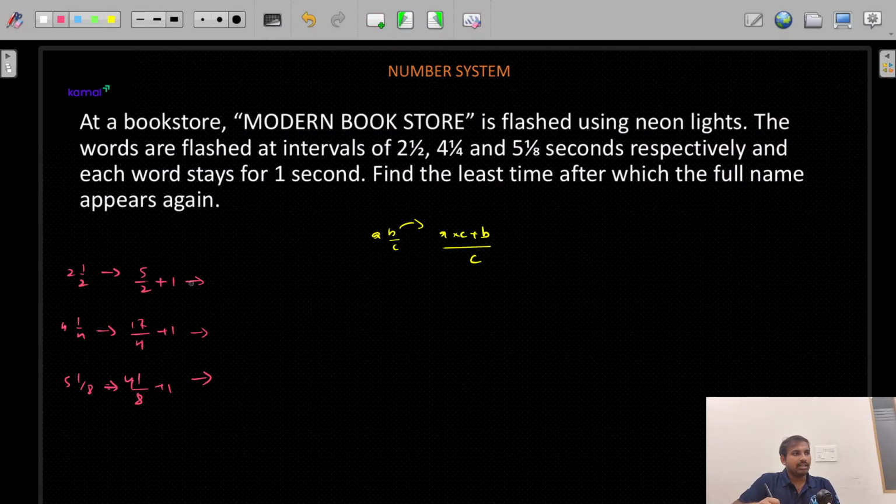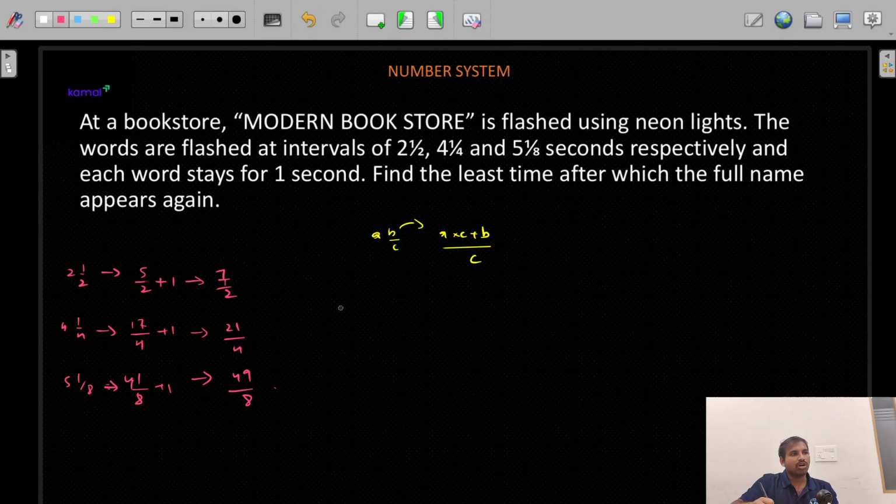So similarly, it will become 7 by 2. Here it is going to be 21 by 4. Here it is going to be 49 by 8. So this is the time that the neon lights correctly blink and go off.